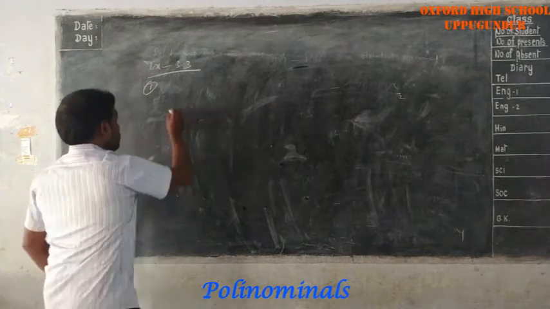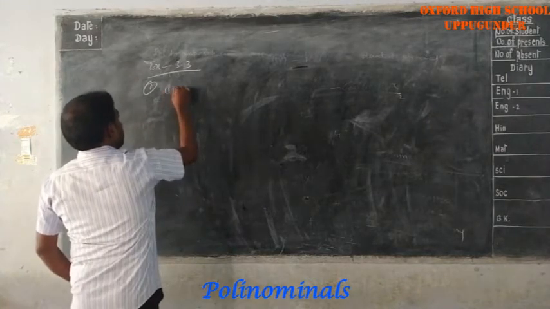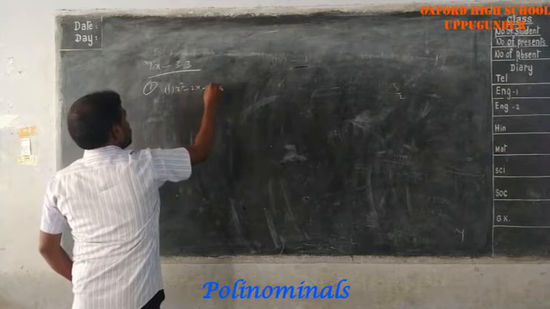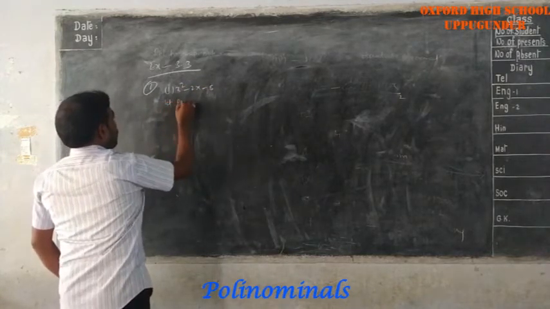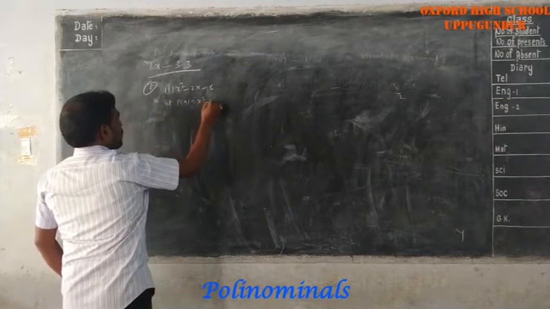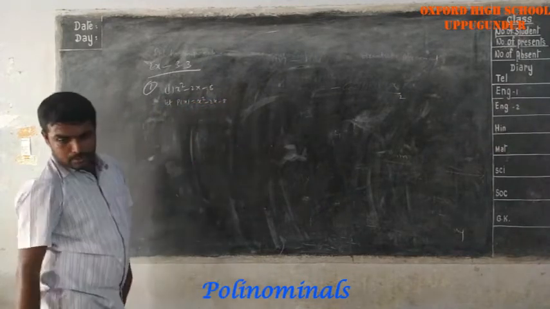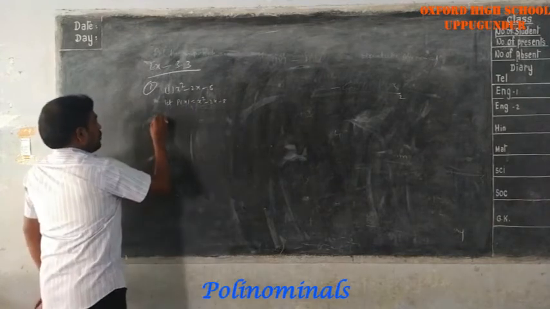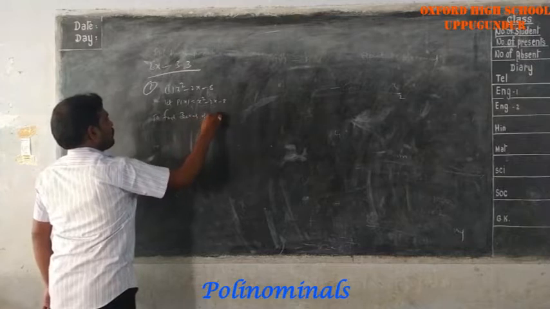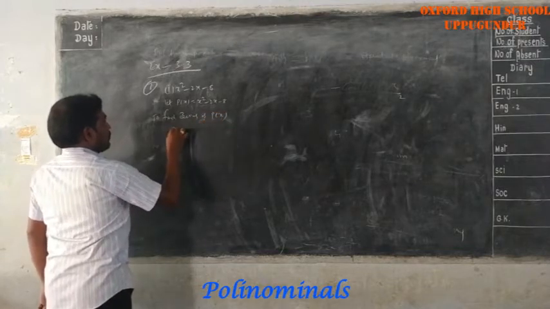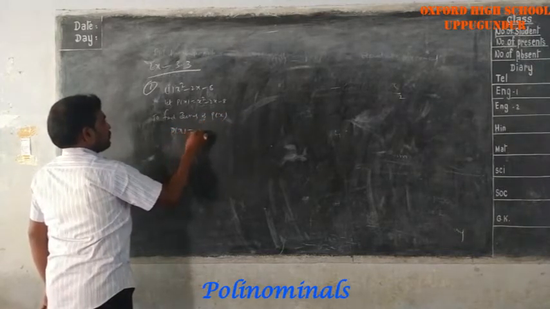First one, x square minus 2x minus 8. So you have to assume let p of x equal to x square minus 2x minus 8. To find zeros of p of x, p of x equal to 0.